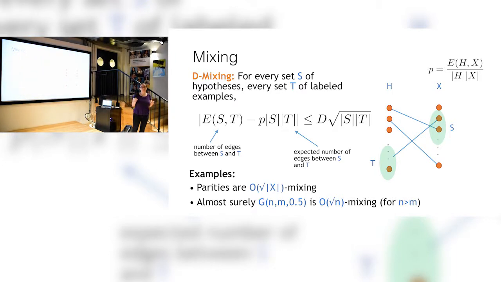Mixing is a way to understand whether a graph is close to being random or not close to being random. Okay, just a bit of a warning: if you care about the details, listen to this slide.